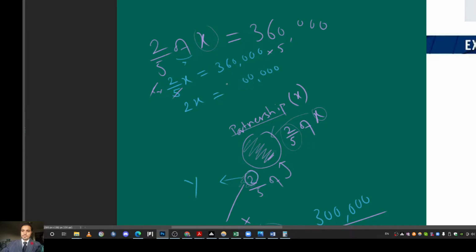1.8 million. And then X equals, sorry, 2X over 2 equals 1.8 million over 2. So the 2 gets cancelled, and X is equal to 900,000.